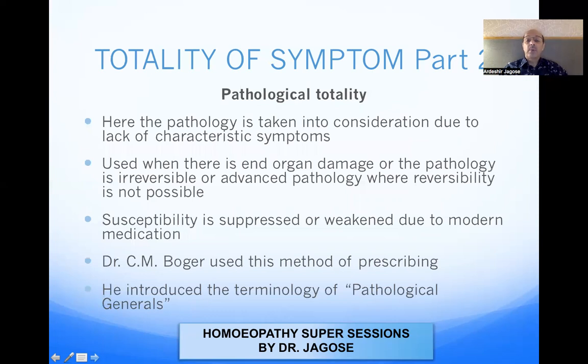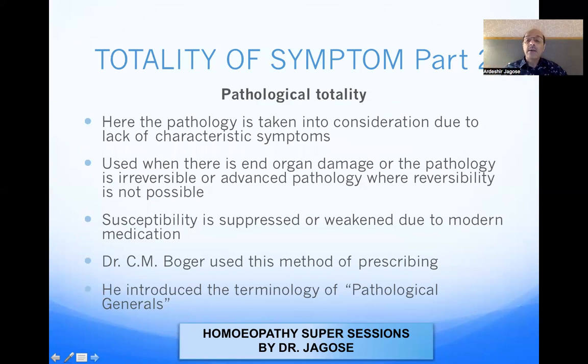Then the pathological totality. Here the pathology is taken into consideration due to lack of characteristic symptoms. So many a time we do get cases which have advanced pathology and the susceptibility is poor. In such an instance, there'll be a lack of, or very few, or rather only one or two characteristic symptoms, and all the others will be common symptoms, or all the others will be the pathological symptoms.